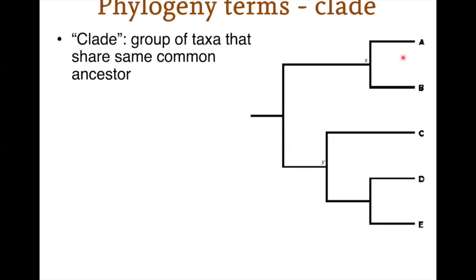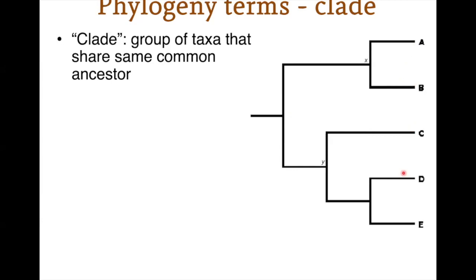And the idea is that when there's a branching in the tree, that represents what was initially one particular population or species or whatever that's now split into two. And so, for example, if we imagine that A, B, C, D, and E here are all different species, then at some point in time, X here, there was a species that split into two different populations that eventually went on and formed the extant species A and B that we see now, and et cetera, if we go further and further back in time.